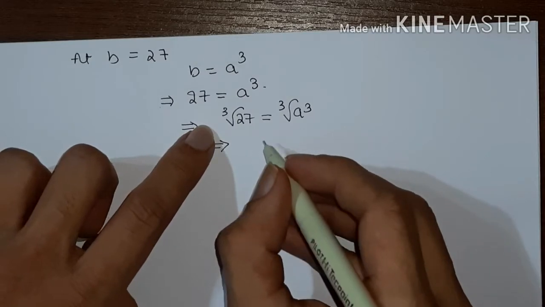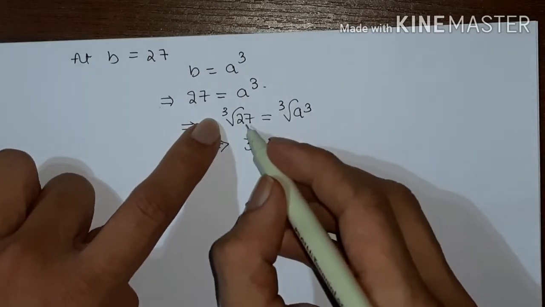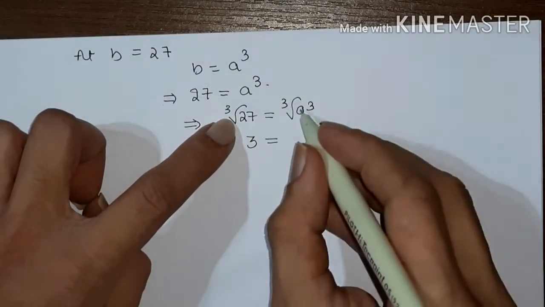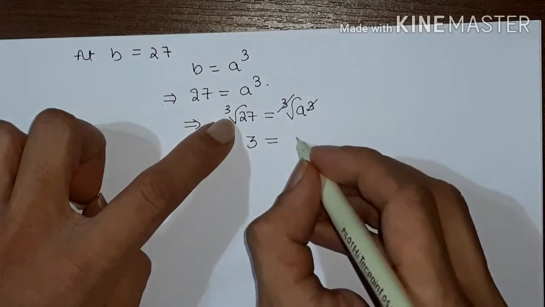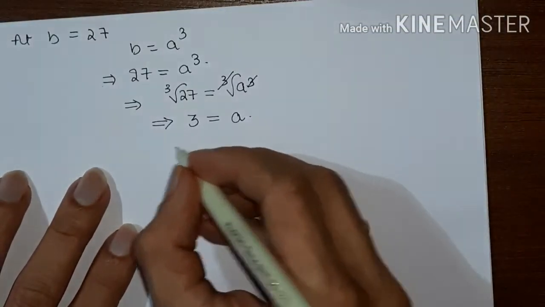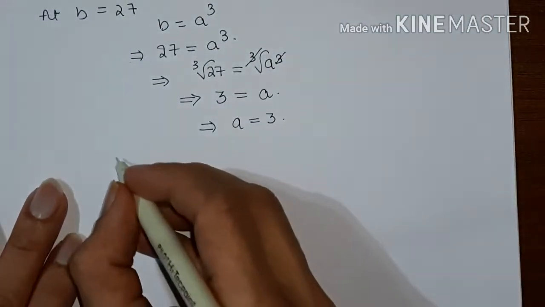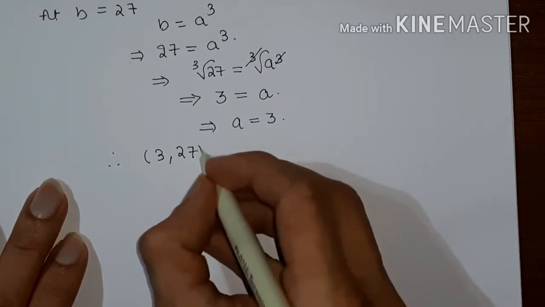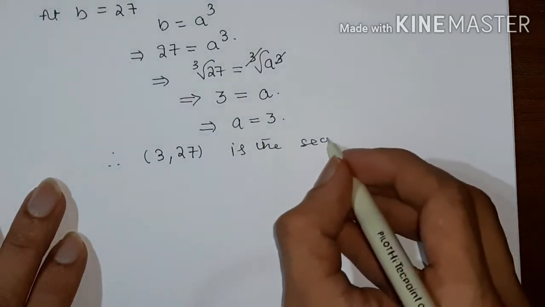So what is cube root of 27? 3, right, 3 raised to 3 is 27. So cube root of 27 is 3, which is equal to, this cube root and cube will get cancelled, you will get a. So that means a is equal to 3, right. So therefore what you get is 3 comma 27 is the second required point.